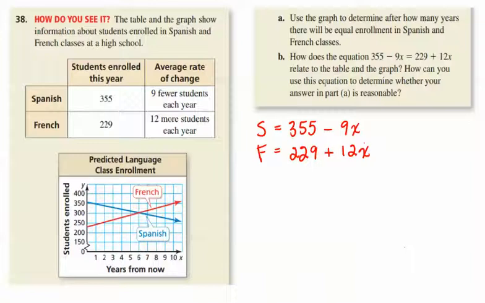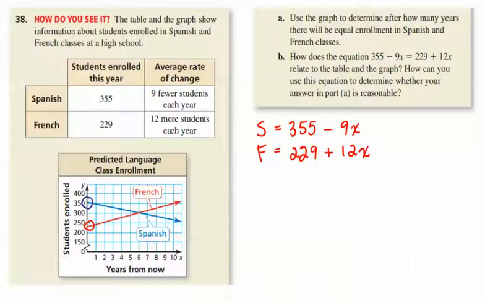So what you can see then from the graph is the blue line, which is the Spanish line. Notice where it starts. It starts at around 355, and it is going down each year by 9, whereas the red line, which is the French line, is starting at about 229, and it is going up by 12 each year.